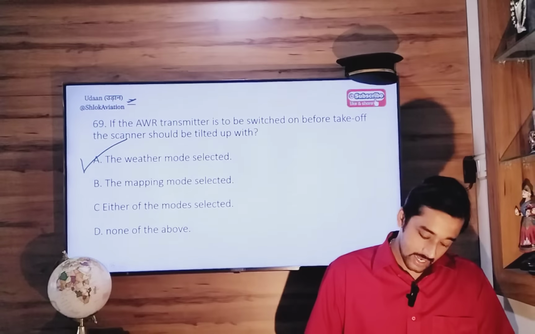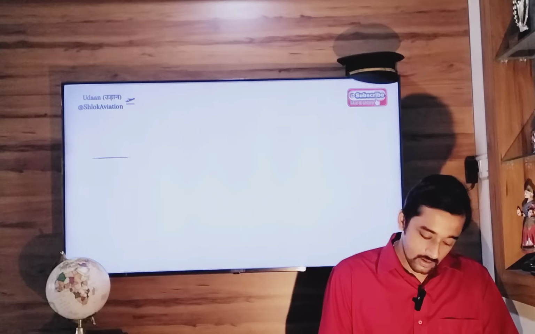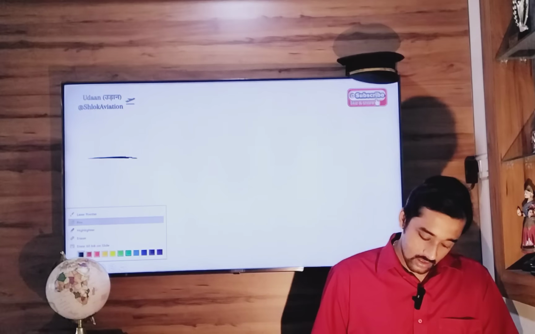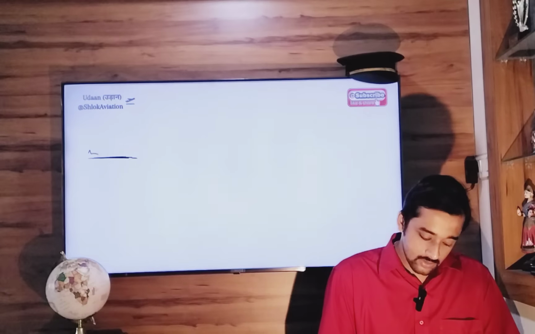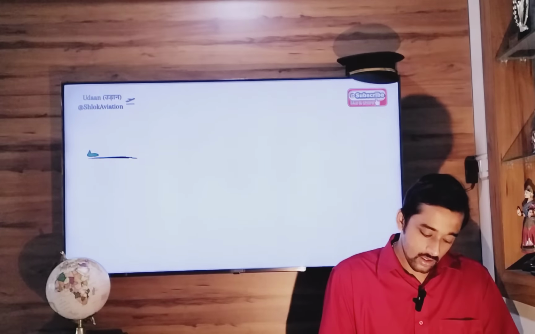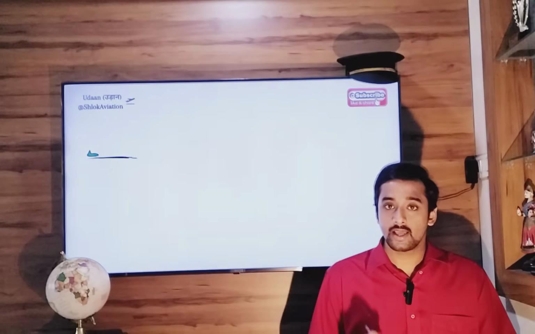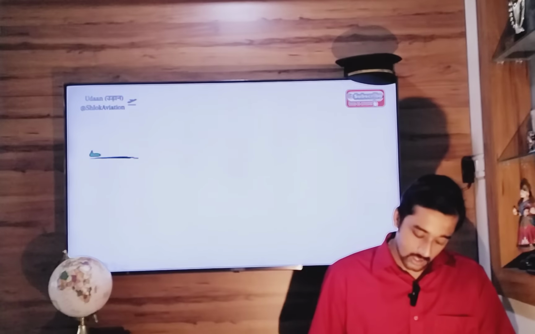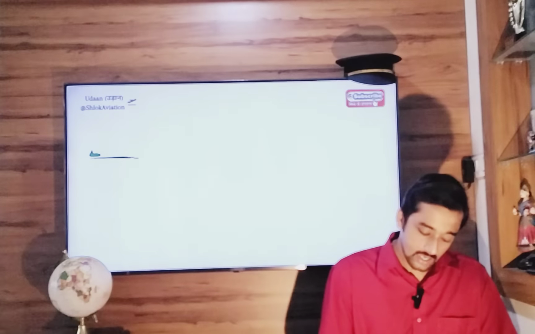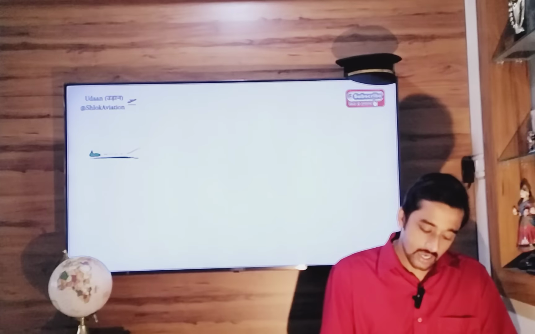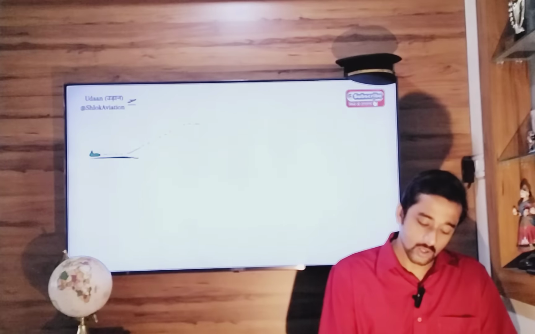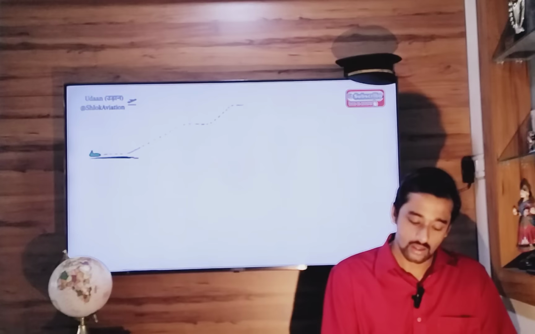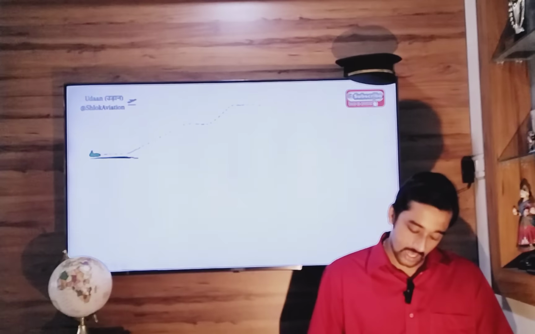Okay, so if this is your aircraft on the ground, just before takeoff roll, the pilot will operate his airborne weather radar in weather mode in order to check whether there is any kind of weather to be expected in its takeoff path or climb path.